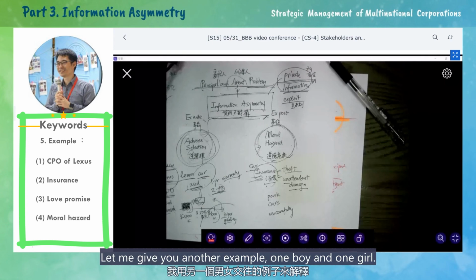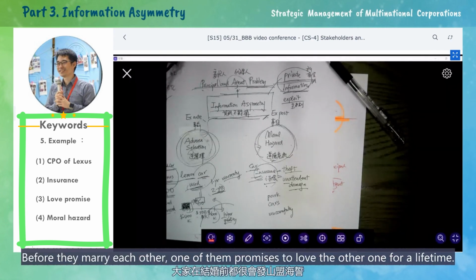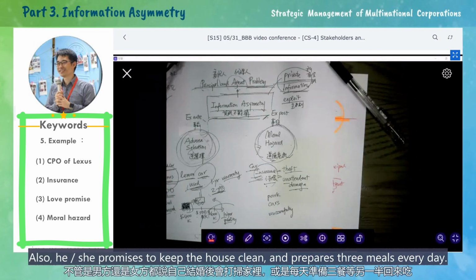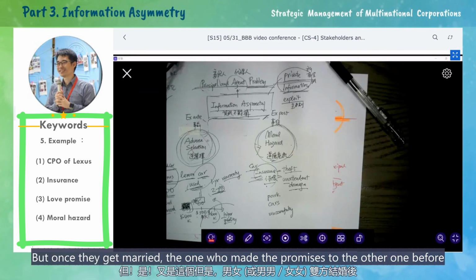Another example is a boy and a girl. Before they marry each other, someone promises to love the other for a lifetime, to keep things clean every day, and to prepare 3 meals per day for the other one.